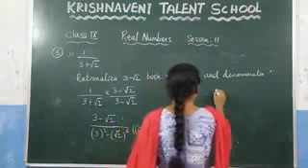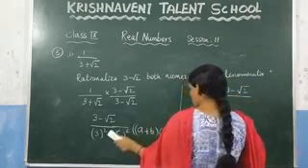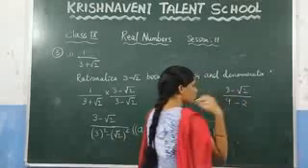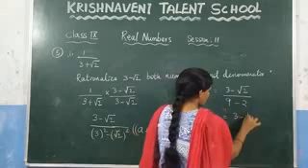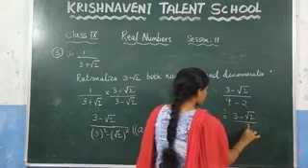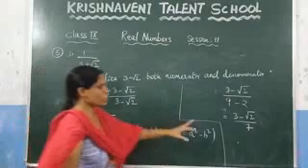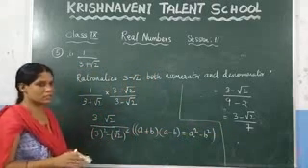After that, what is the value of this one? 3 minus root 2 by, what is the value of 3 square, which is 9, minus, what is left out here? 2. Now, what is the value of 9 minus 2? Which is 7. So here, we changed the irrational denominator into the rational denominator. This process we call rationalization.